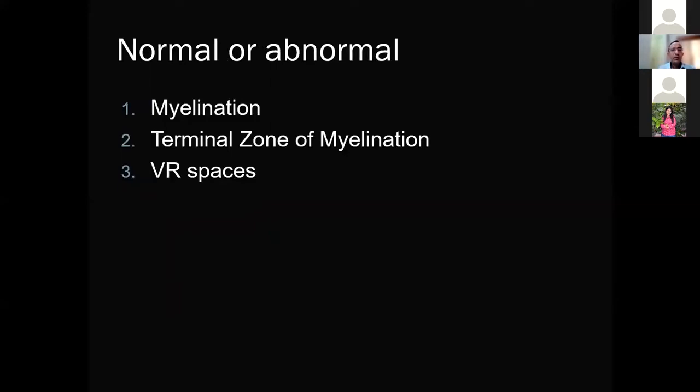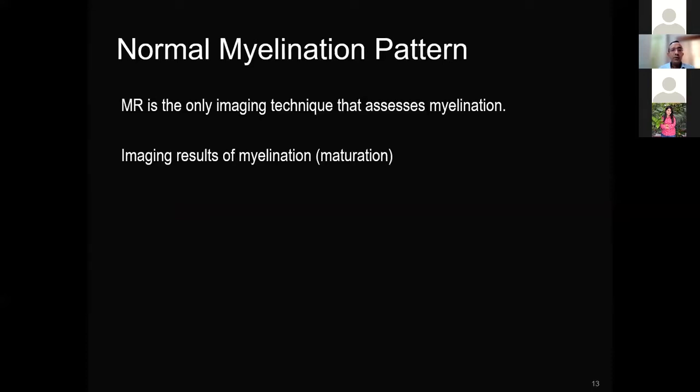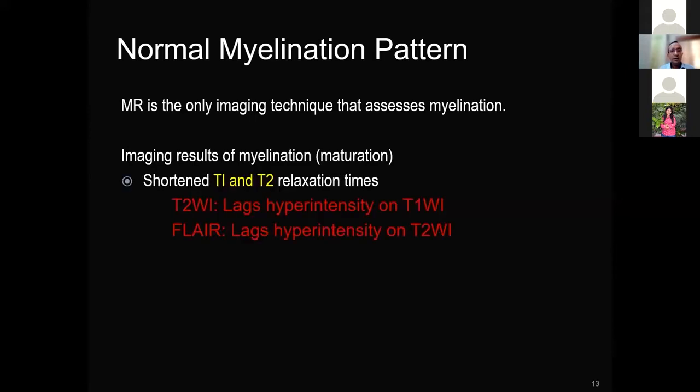It's important to appreciate what is normal and abnormal. In a pediatric MRI, especially in a child less than 2 years, always begin by looking at the normal myelination pattern. MRI is the only imaging technique that assesses myelination. The imaging result of myelination is hyperintensity on T1 and hypointensity on T2 because of the shortened T1 and T2 relaxation times.